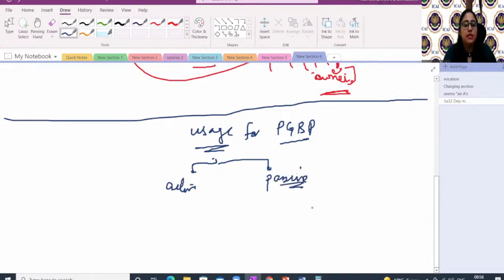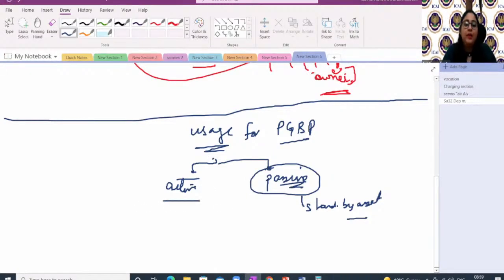Passive usage is that it is ready for use as a standby asset, but is not required to be used. Depreciation would be allowed only for the asset which is used for the business. Used for the business means it need not be actively used all the time, but it is ready to be used, as in it is passively used. That will also be a criterion for allowing depreciation.